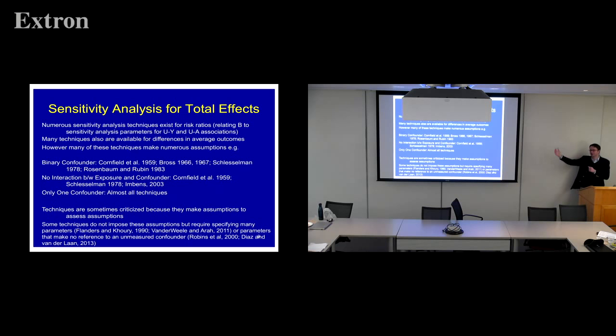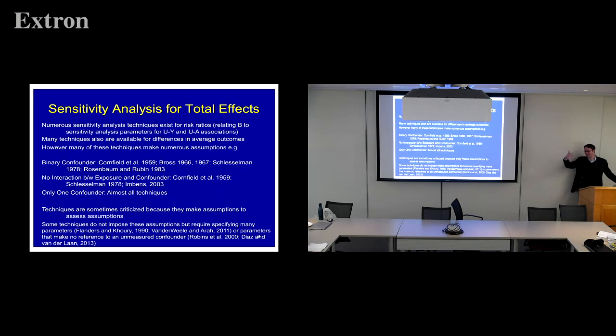Maybe the unmeasured confounder increases the outcome by threefold, but it's that same threefold increase for both the exposed and the unexposed. So that's another very common assumption. And then another assumption that almost all techniques make is we only have one unmeasured confounder. And so these sensitivity analysis techniques are sometimes criticized for making assumptions to assess assumptions.